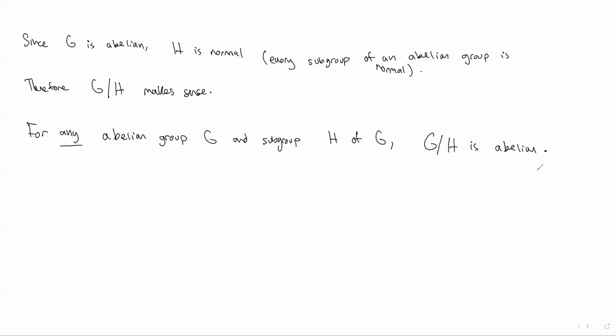Why? The idea is that G mod H, like I was saying before, is really just G. When you're multiplying the elements of G, you just have this extra equality that you're considering, which is whether two elements are equivalent mod H. But the multiplication isn't changing. Again, the gold standard is modular arithmetic.